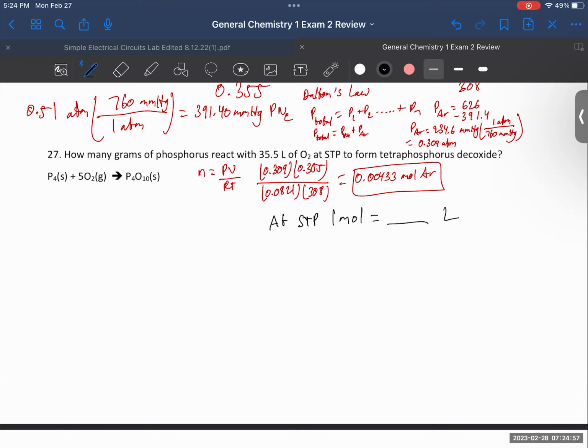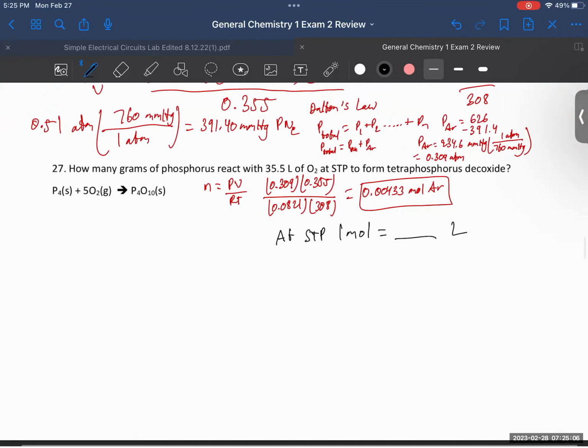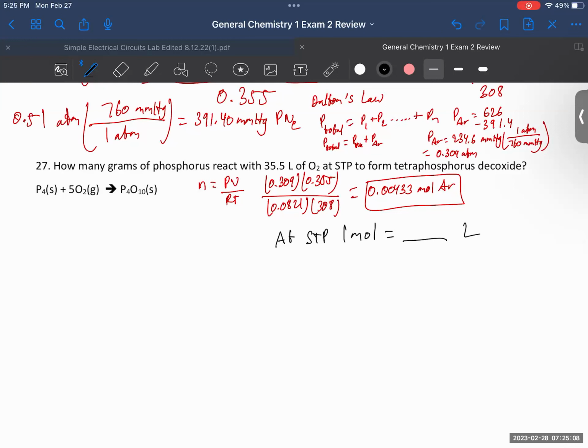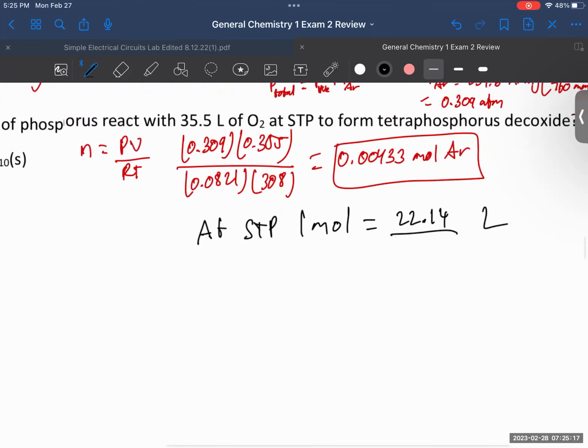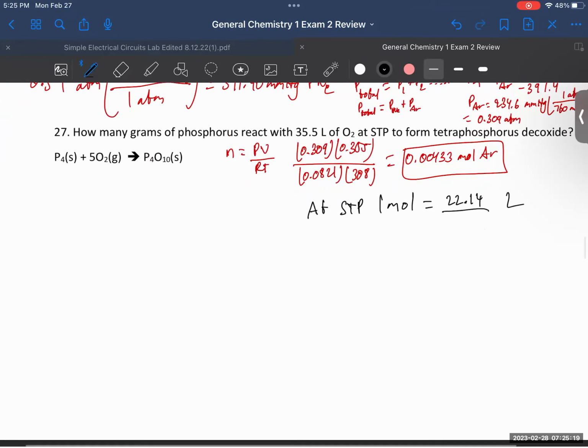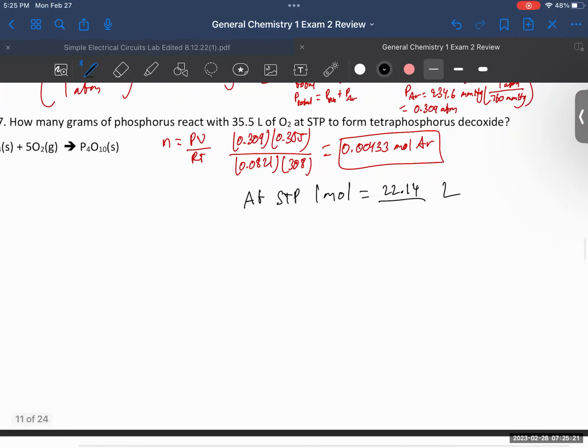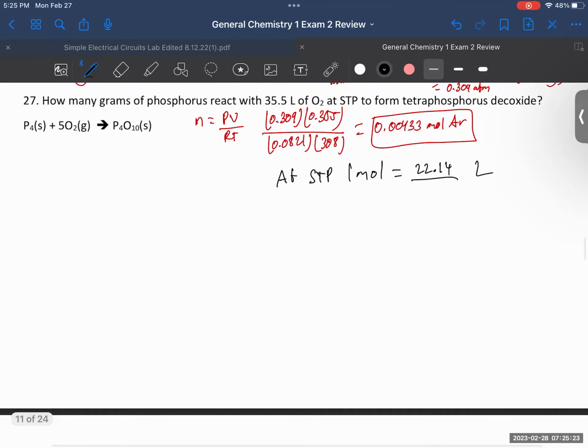Certain number. Maybe in a certain video. That's close actually. It's actually 22.14. So 1 mole is 22.14 liters at STP. Now that should help you guys solve this problem. So y'all know where to start or not really?